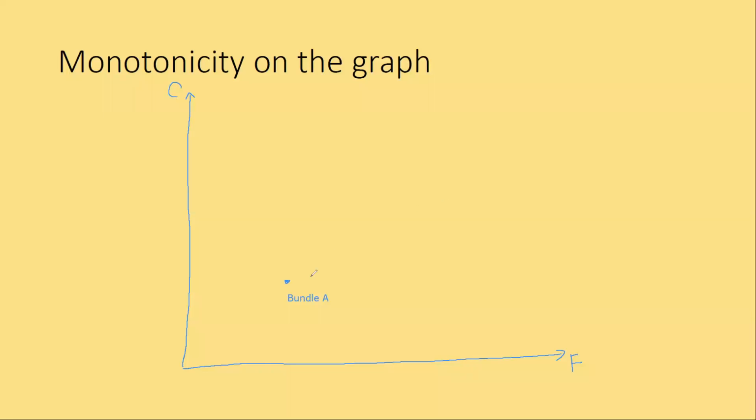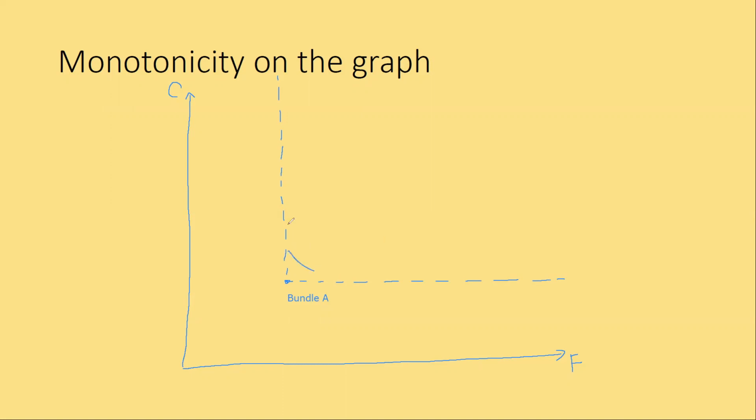So by monotonicity, what we can know is that for any bundle that is within the region I'm drawing now, so those are dashed straight lines, one is horizontal, the other is vertical, dashed straight lines.